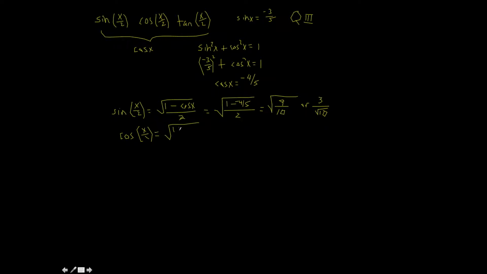The only difference is it's plus cosine x over 2. Substitute negative 4/5 in again, and you should get negative 1 over the square root of 10 for that answer. I'm going to let you do that so that you can get some practice, just like we did in the last problem.